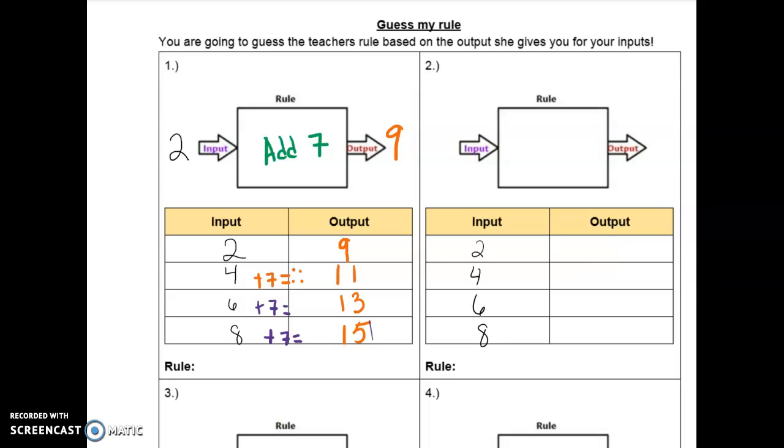After I'm done plotting out what the outputs are, I want you to try to figure out what would be the rule. For the first one, it was add 7. What did I do here? Take a moment and pause the video and see if you can figure out what the rule is.